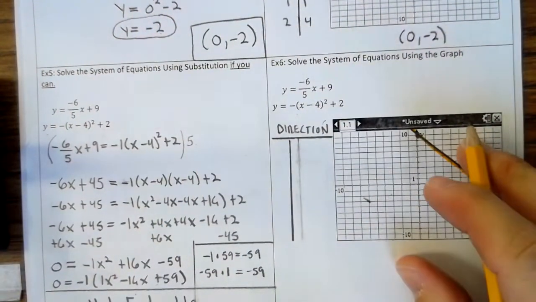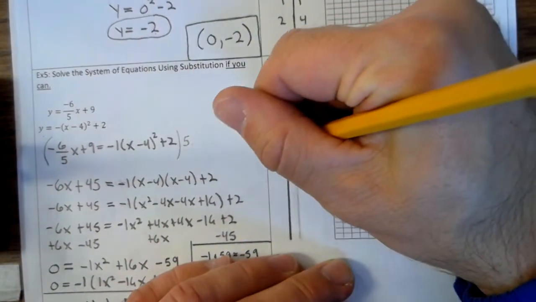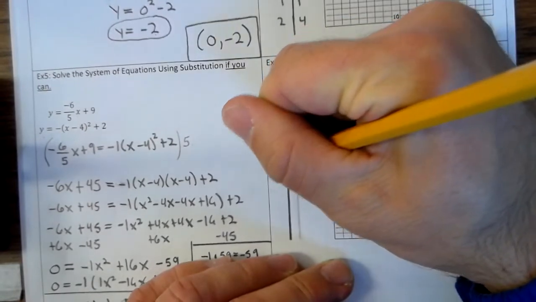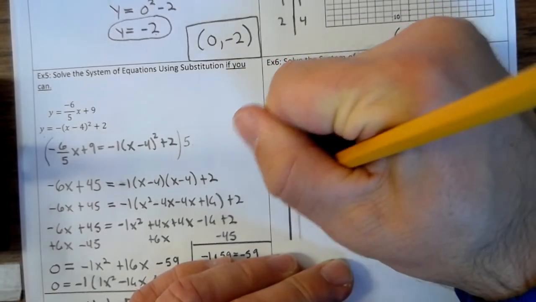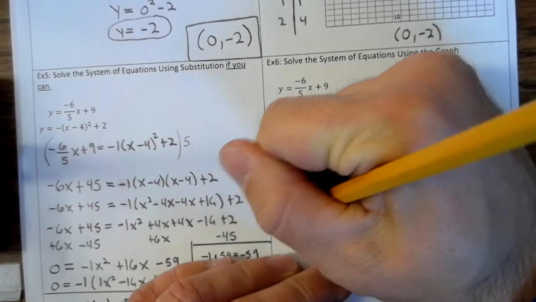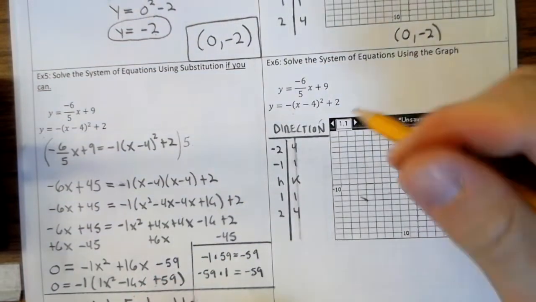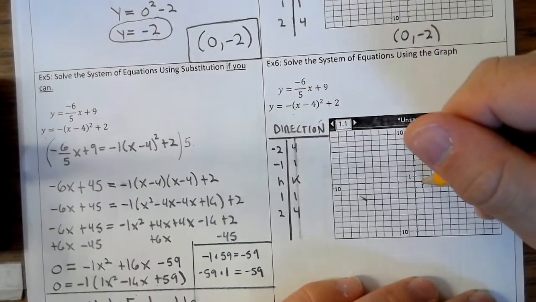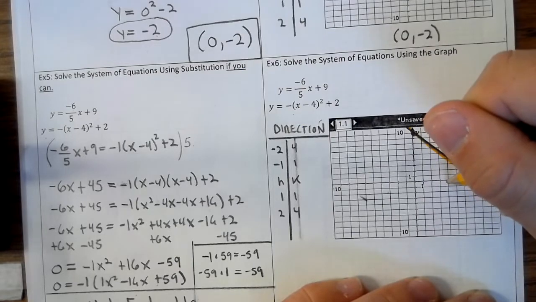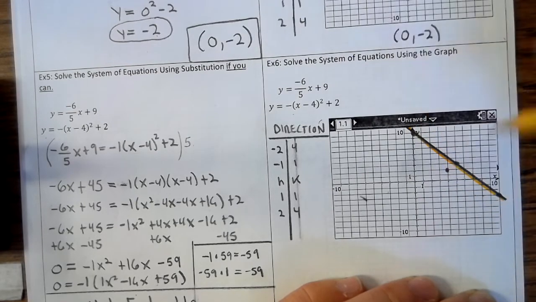Our directions are -2, 4, -1, 1, (h, k), 1, 1, 2, 4. We move the vertex right 4, up 2.